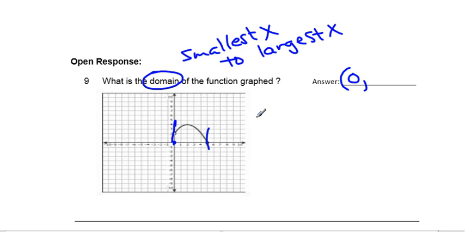And your largest x is 5, and it is included because it's a closed circle. Now if you wrote it as an inequality, it would look like this. And that's it.